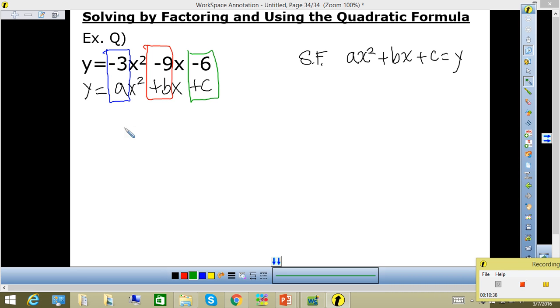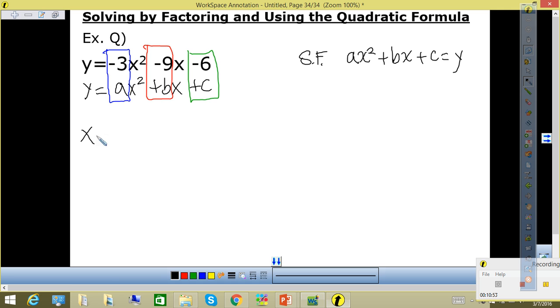So here we go. Step 1, standard form. Step 2, identify A, B, and C. Are we there so far? Step 3, write your quadratic formula. The quadratic formula is x equals, everyone, minus b plus or minus the square root of b squared minus 4ac, over 2a. Now we're going to substitute.